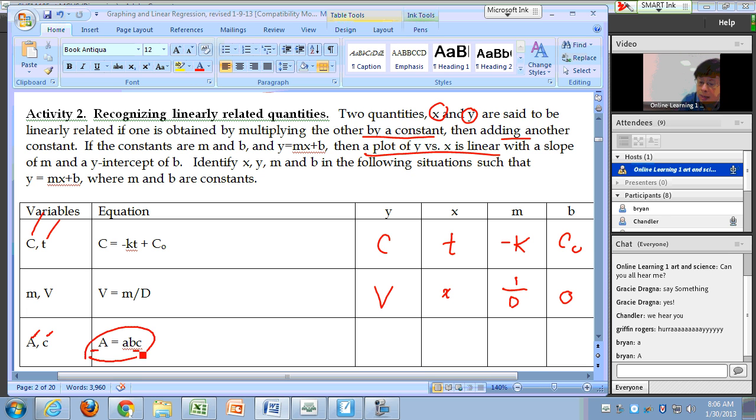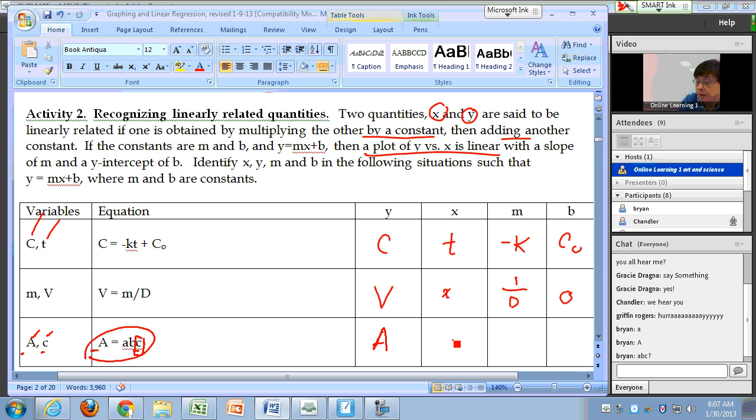Your y is A. And what would be our x? Our two variables are A and C, so our x is just C.